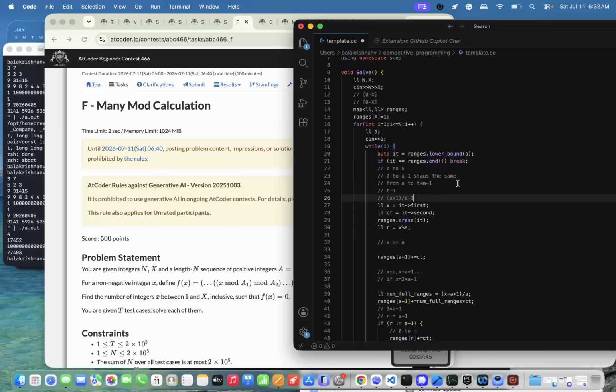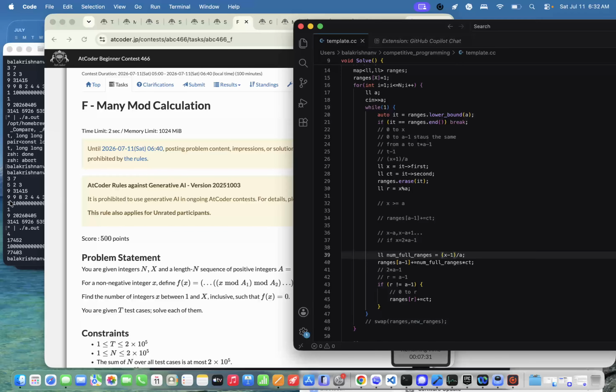It's the number of full chunks. Actually I added this as well, so you can just do x plus 1 by A. You can remove this, so x minus 1 by A should be the same.